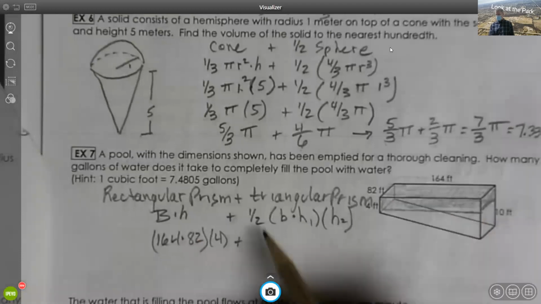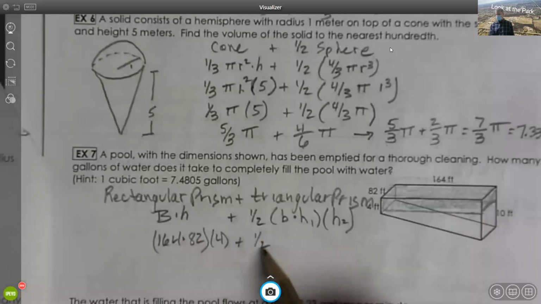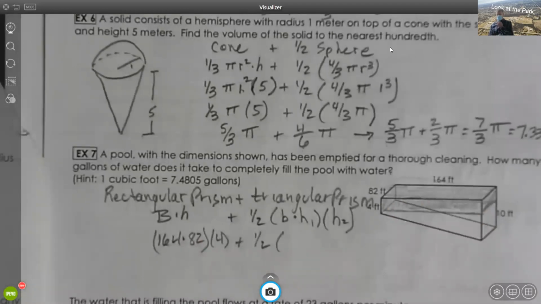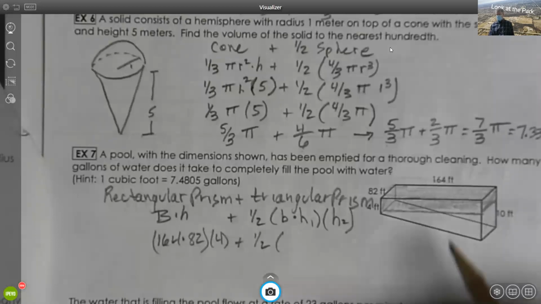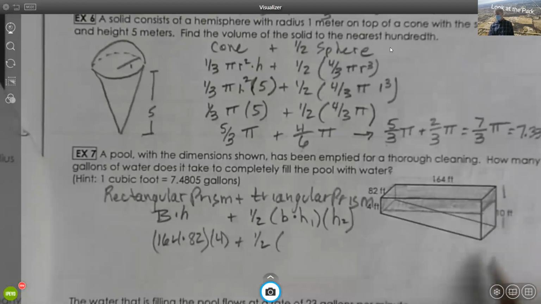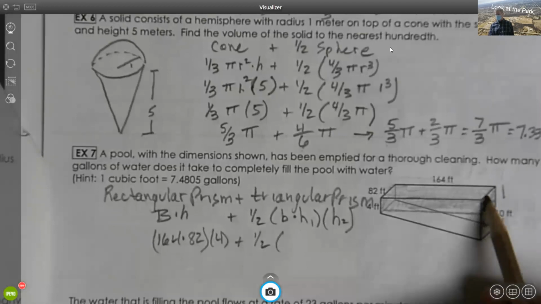Plus, because it's a triangle, we say half. Our base has to be a perpendicular side. So if you notice that this whole thing here is 10, this portion is going to be 6, and this portion is going to be 4.